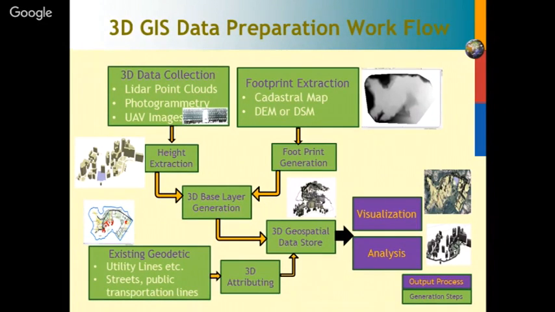In such kinds of applications, we generally need a workflow, and those workflows are actually being generated. There are a lot of different approaches. One of them is that you do 3D data collection and create different height maps.